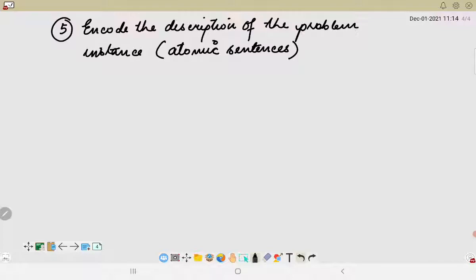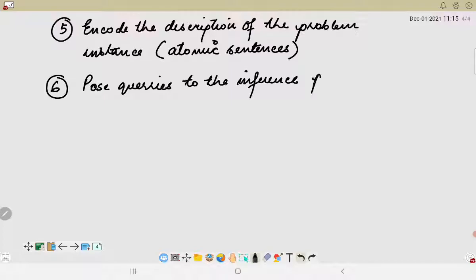Okay, so instead of going for complex representation in one go, we have to first break it down into smaller atomic sentences. After this step is done, we have to pose queries to the inference procedure and get answers to it.